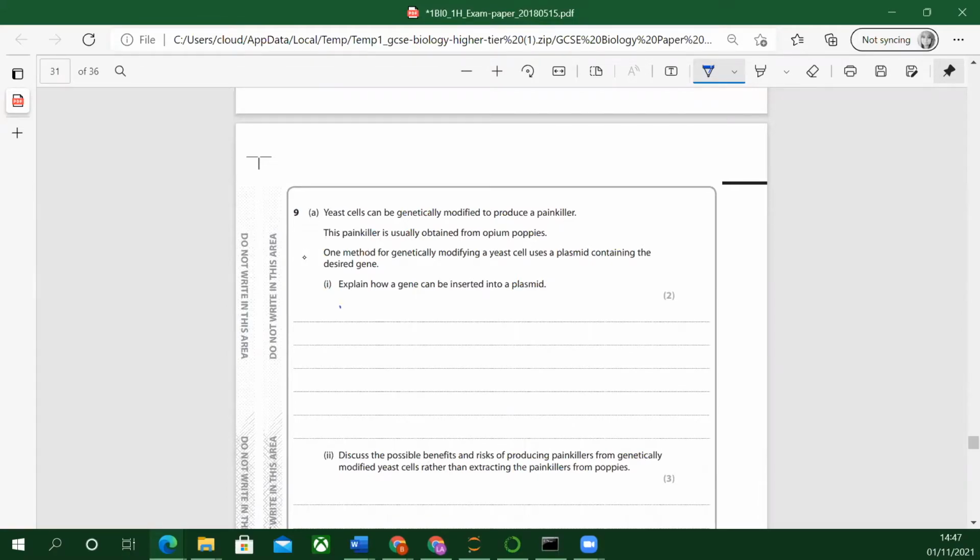So what happens? The gene in the plasmid is cut. That's what it's actually called. Cut using a restriction enzyme.